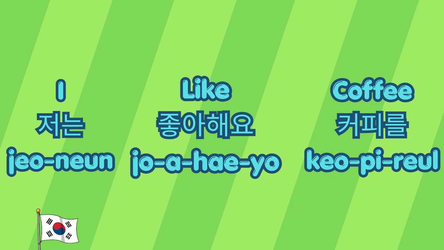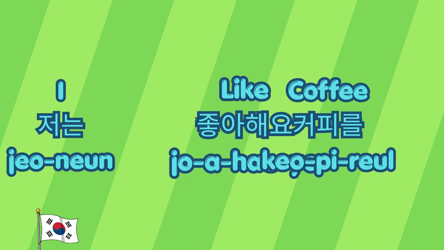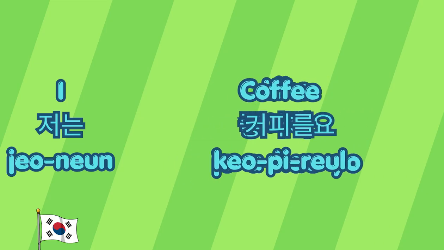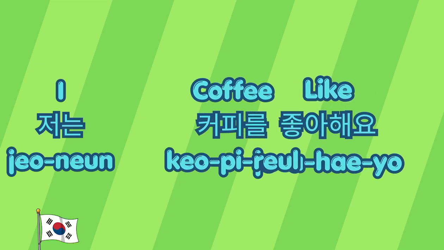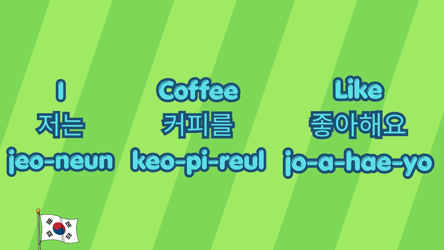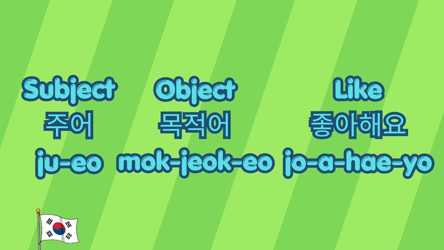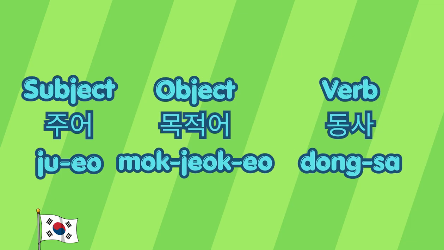Most English sentences follow this same structure. Korean, however, is a little different. Instead of putting the verb in the middle of the sentence, Korean usually places the verb right at the end. This means the sentence structure becomes subject, object, verb.